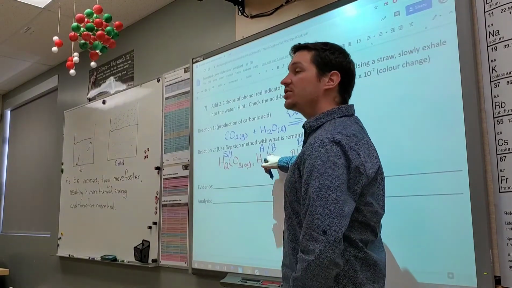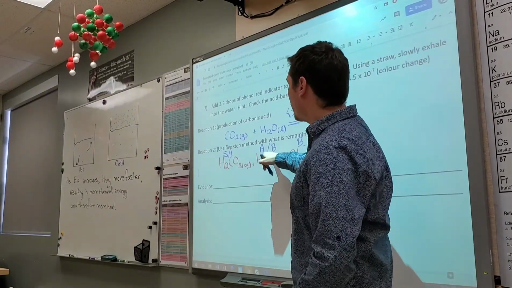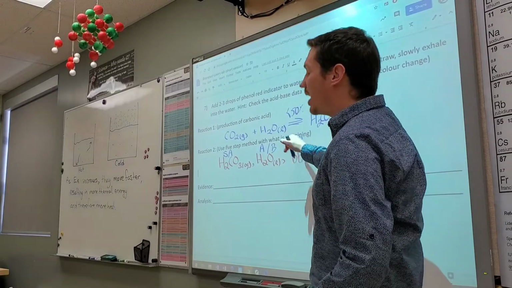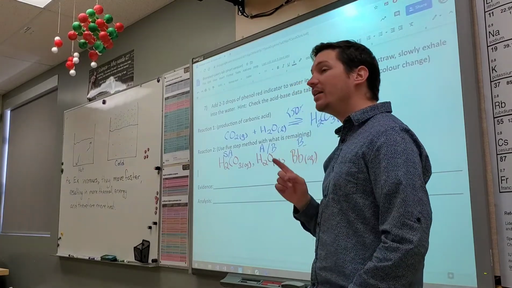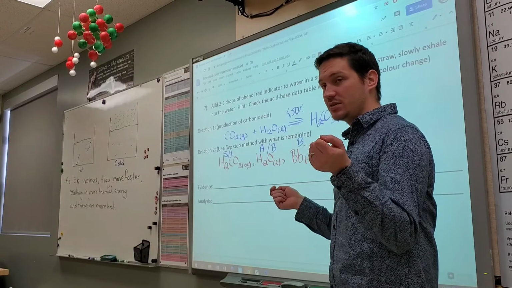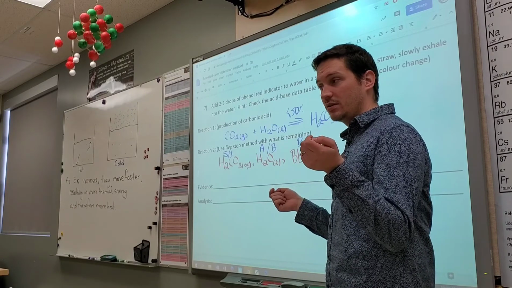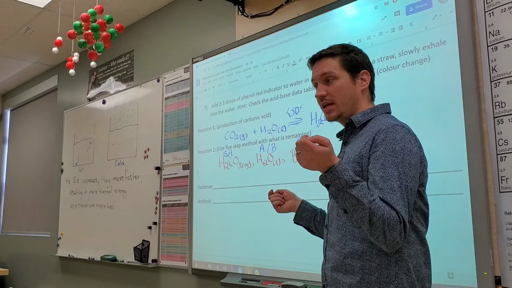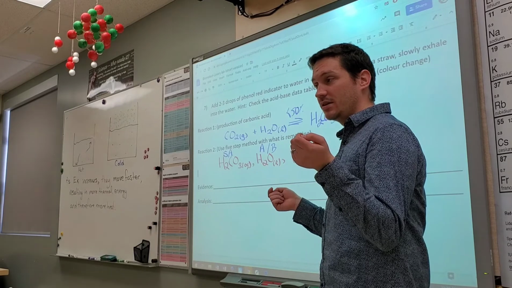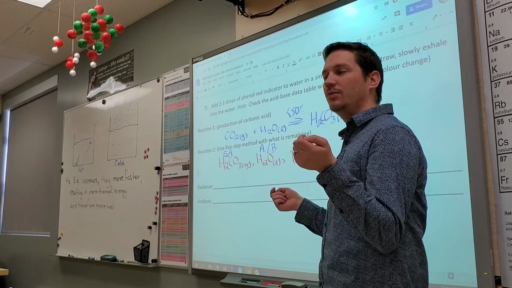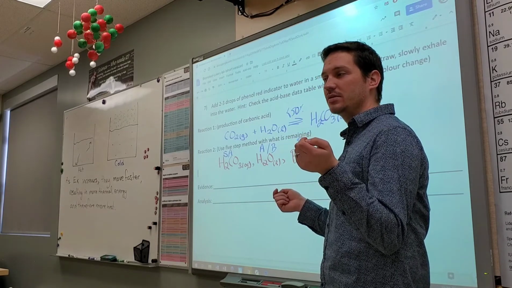Now, what's a stronger base? Is water a stronger base, or is BB minus a stronger base? Keep in mind, they're on two different pages. Take 30 seconds, try and figure out which one is a stronger base.